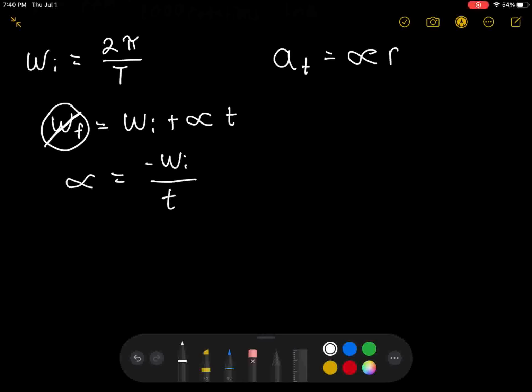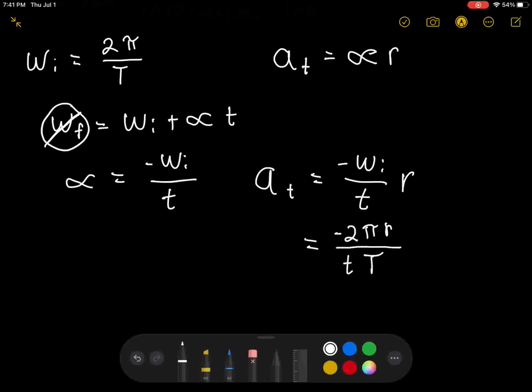Okay, now let's get this back into the tangential acceleration, because that's what we're initially solving for. So let's just start plugging in what we have for alpha. Negative omega divided by t times r, and then we can substitute omega for negative 2 pi r over the time times the period.